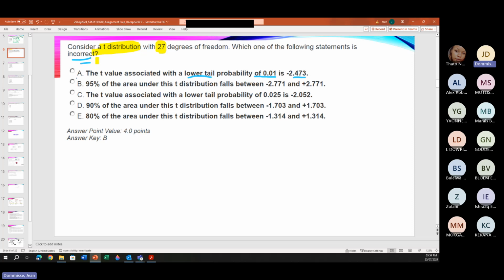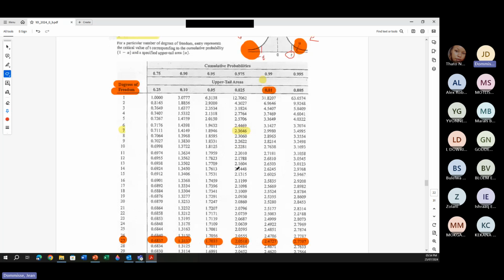So the first one is correct. Okay, then they ask us in the second question, 95% of the area under this t distribution falls between minus 2,771 and positive 2,771. Okay, so let's look at 95.